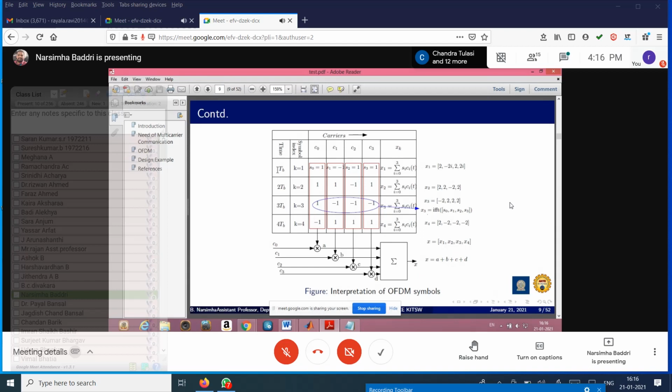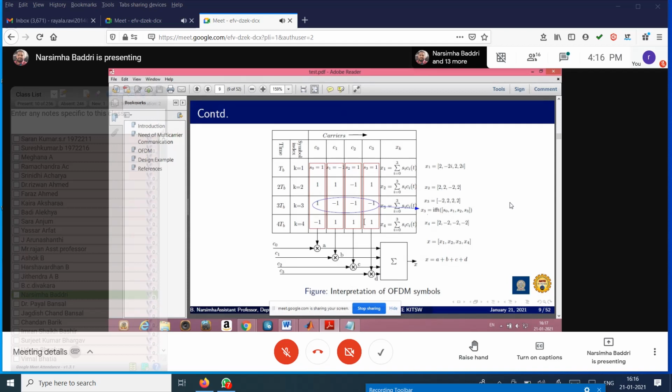this is a time axis, TB, 2TB, and these are the carriers, and these are the number of symbols. So 1, 2, 3, 4, this is the symbol index. So this is your complete data, a 4 by 4, that is 16 bits.